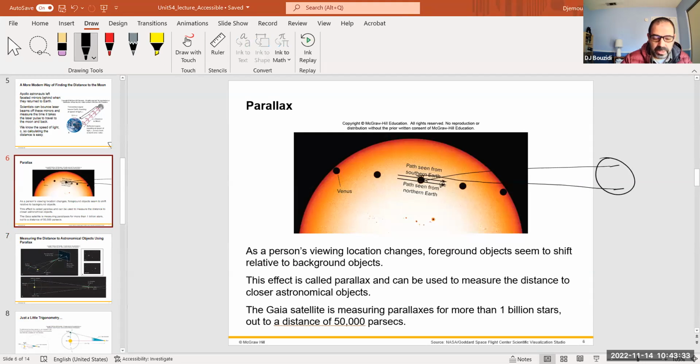This technique is very powerful for nearby stars, and it works to a distance of about 50,000 parsecs. That's not bad. About 1 billion stars were characterized by the Gaia telescope. 1 billion stars is not few, it's a lot.